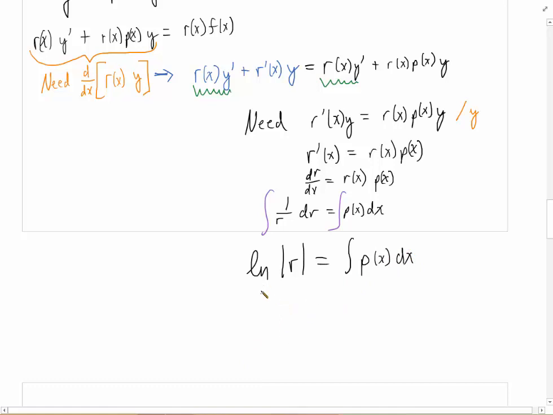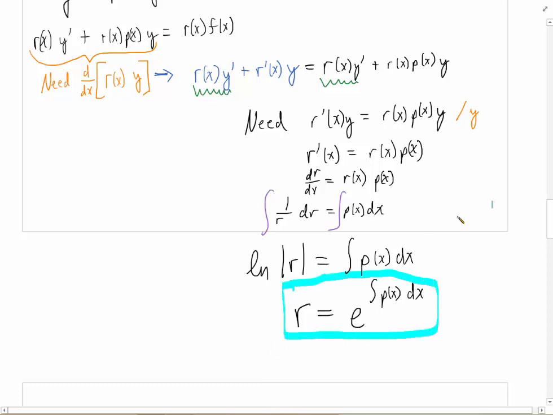And if we go through our standard manipulations and adjust for the constants, the constants we can choose to be whatever we want. And from this, exponentiating both sides, we find that r is e to the integral of p of x dx, which is that integrating factor.